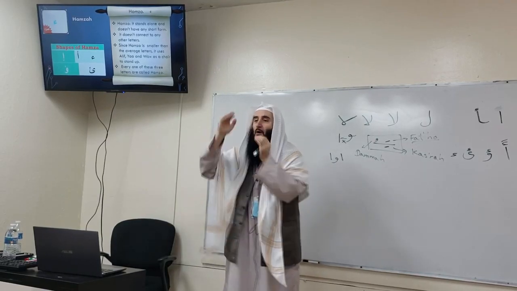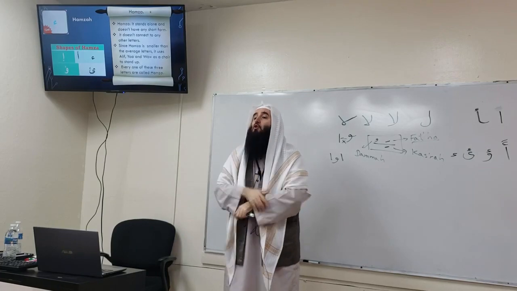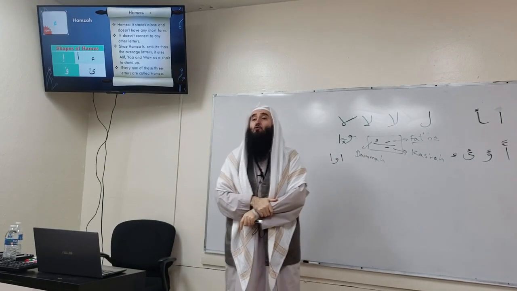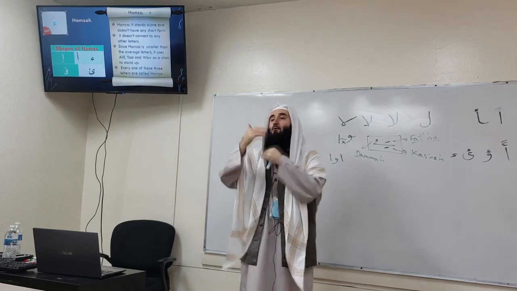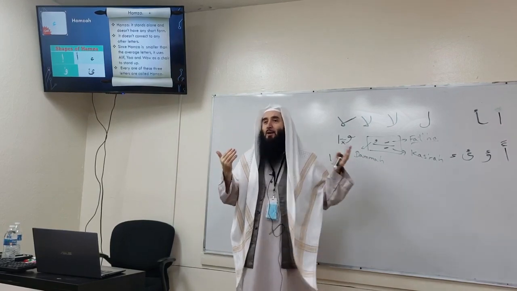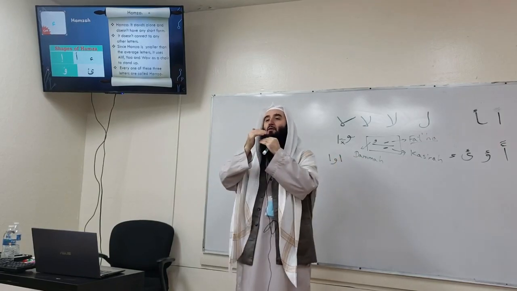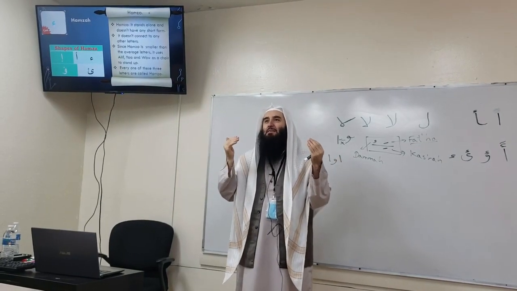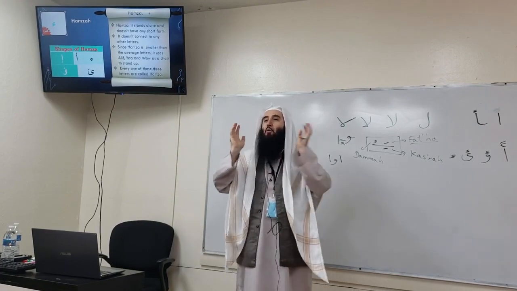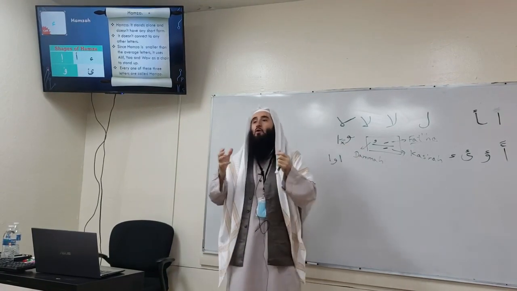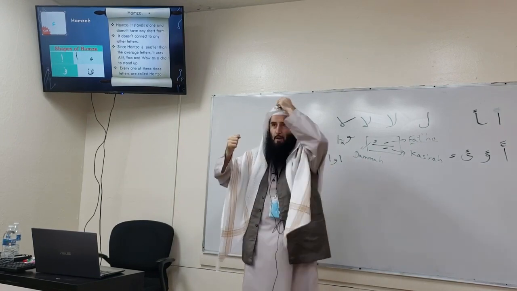We squeeze the mouth and make a circle, because that is the only way you can pronounce the sound oo. If I keep the mouth open, can I say oo? You cannot. If I break the mouth in half, can I say oo? You cannot. I have to squeeze the lips in a circle, so the squeezing of the lips is called dhamma in Arabic.